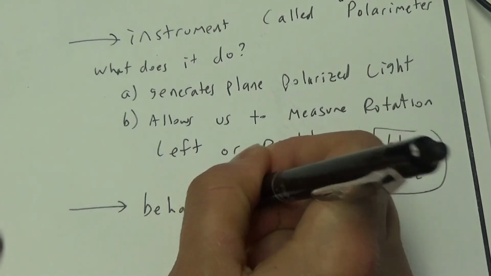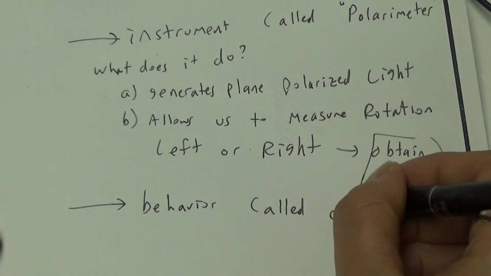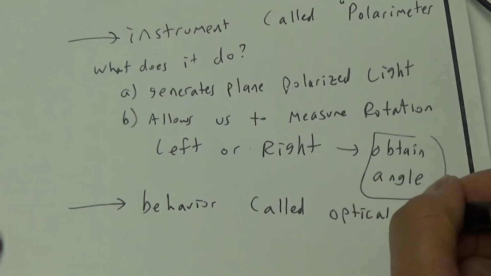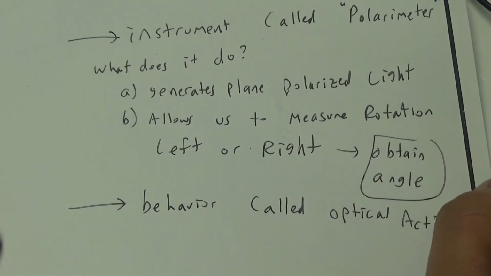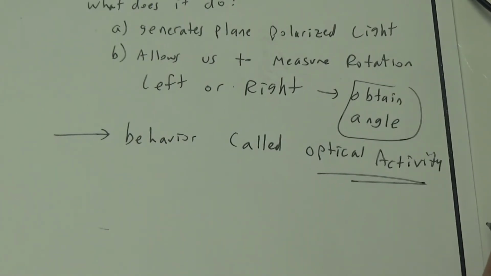Let's mention it again. The behavior of chiral molecules rotating light is called optical activity.